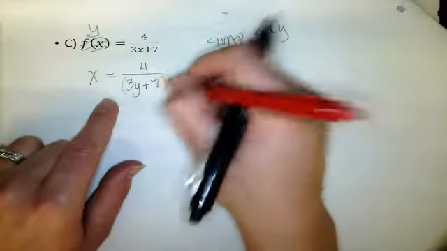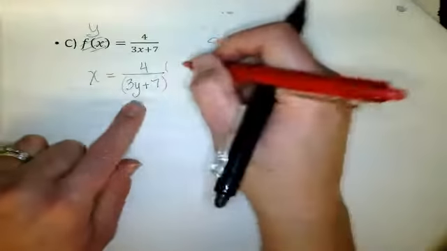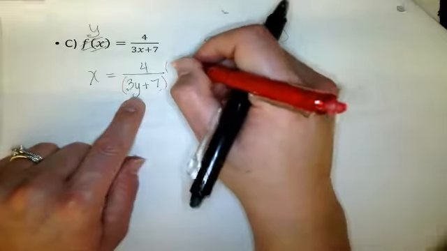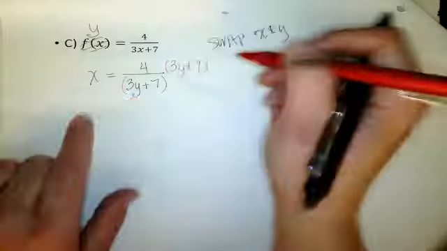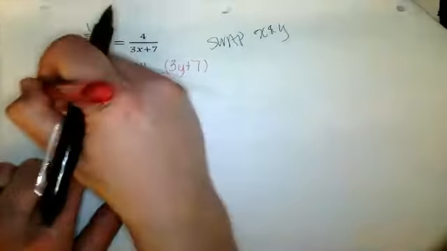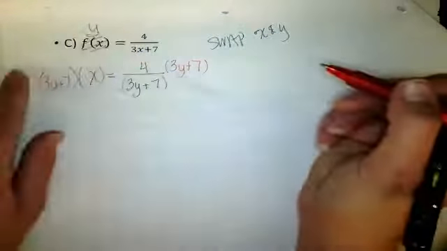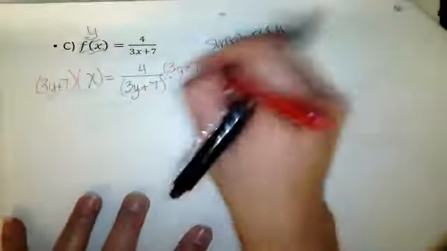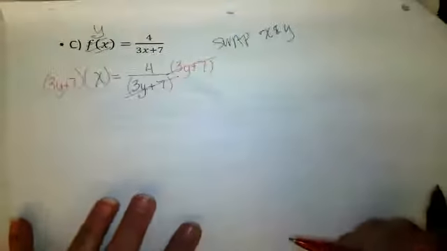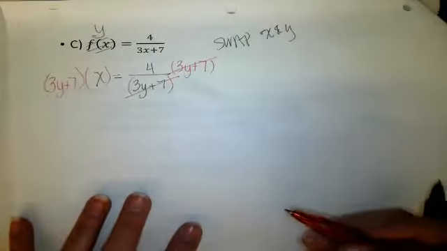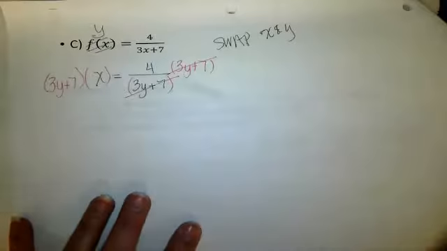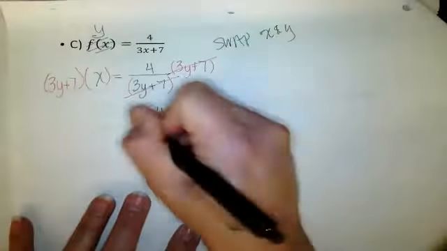So I'm going to multiply the whole right side by 3y plus 7. And I'm going to multiply the whole left side by 3y plus 7, so that I can move it over here and cancel it out on the right-hand side. I need to get it out of the denominator. So I have a 4 on the right.